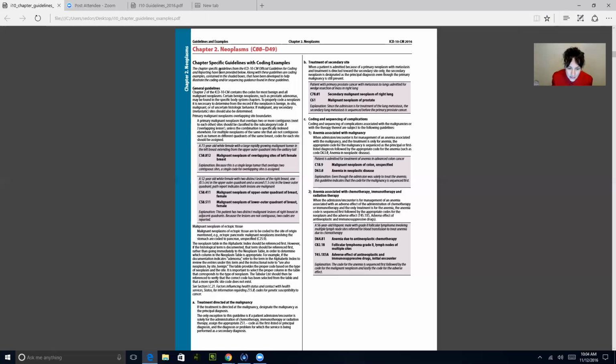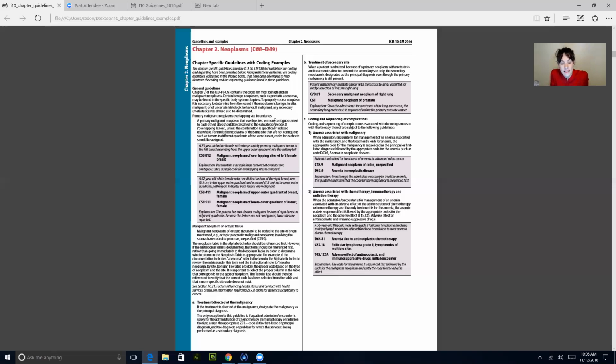So let's see. The first example that we have here, we're going to start discussing how to properly code a neoplasm. And it's necessary when we're coding the neoplasm, we have to determine whether in the medical record it states that the neoplasm is benign, in situ, malignant, or of uncertain histologic behavior.